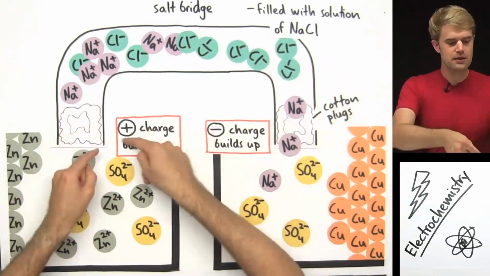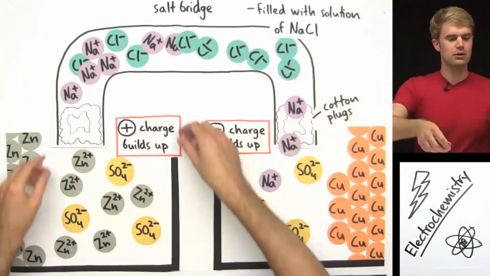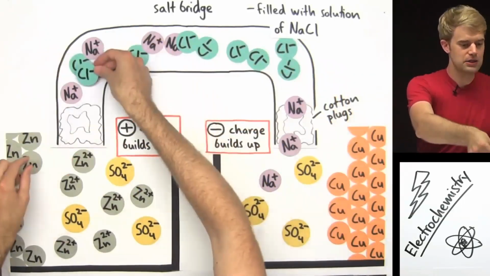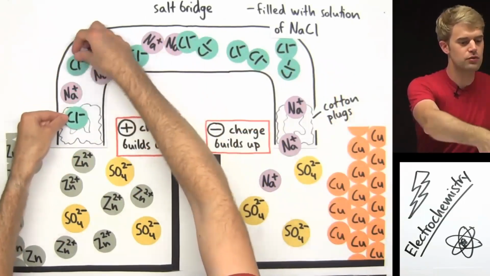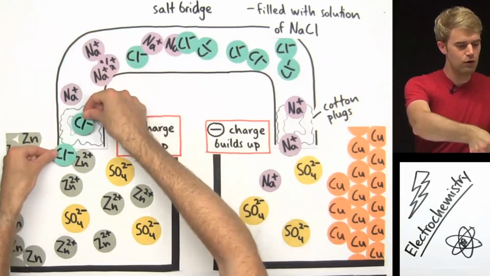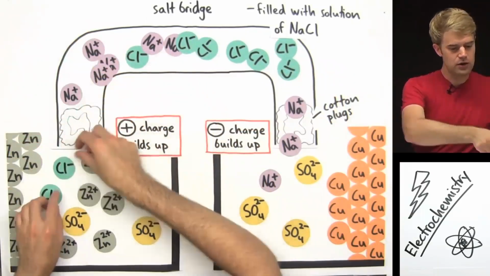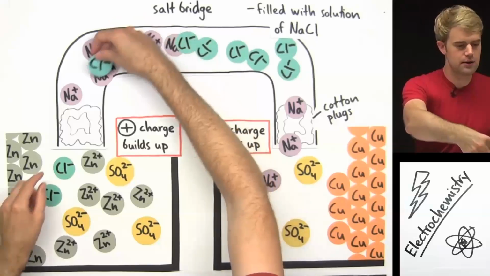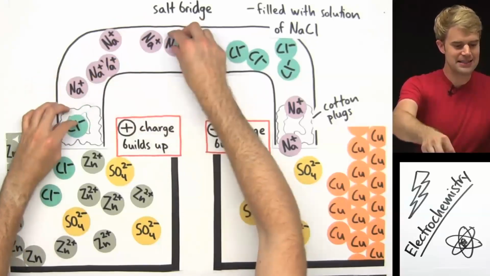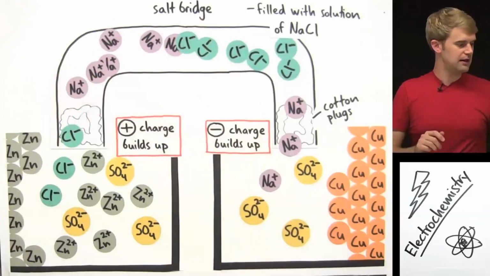And over here, we said that positive charge begins to build up. The Cl minus ions are going to begin moving through the salt bridge to come out through the cotton and help to balance out the positive charge that builds up on this side of the voltaic cell.